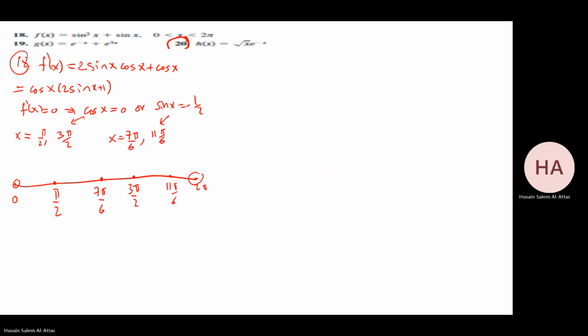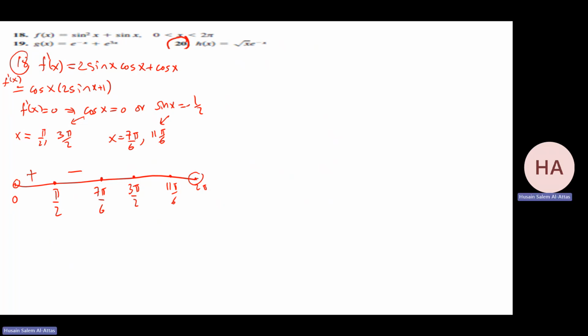This is 2 pi. Take a value between 0 and pi over 2. Don't forget this is your f prime. 0, first quadrant, that will be positive. So that will be positive. Very clear. Between pi over 2 and 7 pi over 6, I'll take pi. That will be negative. Cosine pi is minus 1.